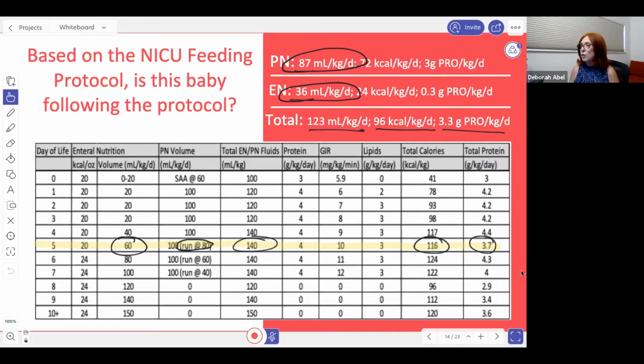Yes. So your recommendation should be to advance the enteral feeding. We would advance enteral feeding provided that the baby is doing well on enteral feeds, correct? That's correct. And we haven't been given any information to say that they haven't. A lot of times it's a lot of work to keep advancing these babies.